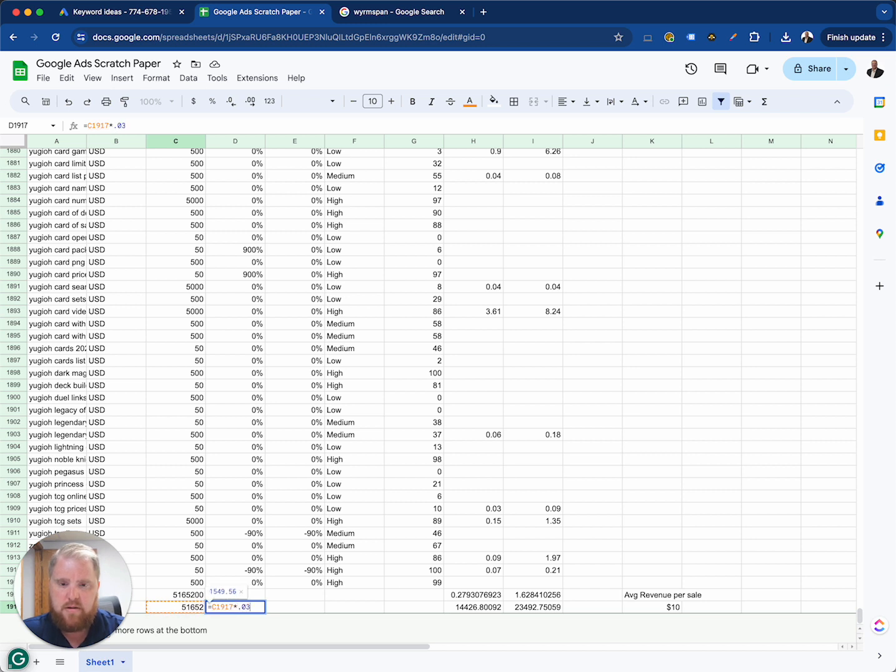So you get 3%, which is a little high. Let's drop that to 2%. Anywhere from 2 to 5% is good in e-commerce conversion rates. So you are getting 1,033 conversions, and your average sale is $10.